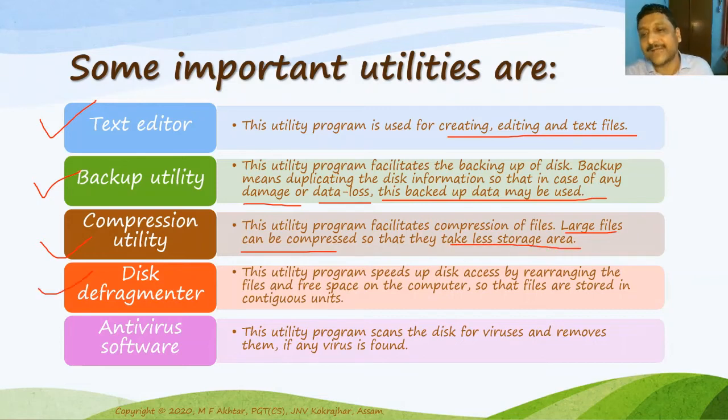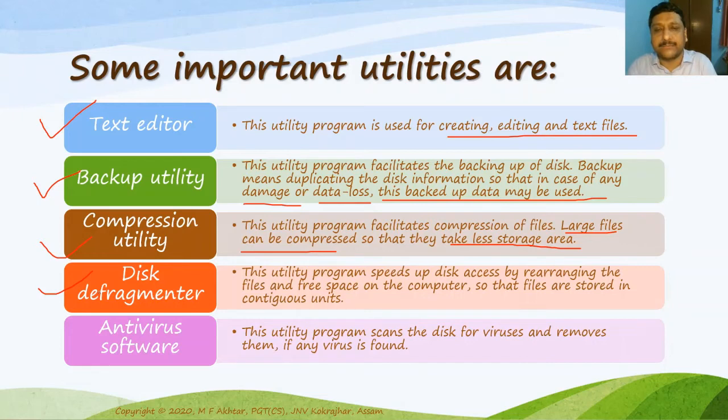Again, the defragmenter software is there. Actually, what happens when we save some large data, in the computer disk it stores those data where space is available. In that way, a single large file is stored in multiple locations, and gradually the computer becomes slow.